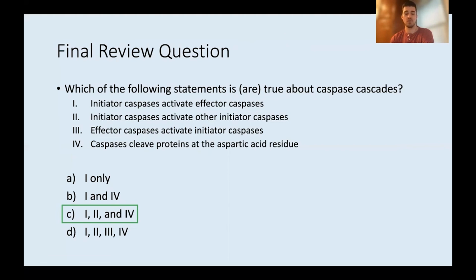They're going around and cleaving all of these proteins. The initiator caspases activate effector caspases, but it does not happen the other way around. So 3 is not correct. And then from there, you can eliminate D, and that leaves us with C. And obviously 4 is correct as well. Caspases cleave proteins at the aspartic acid residue. So that's true as well.